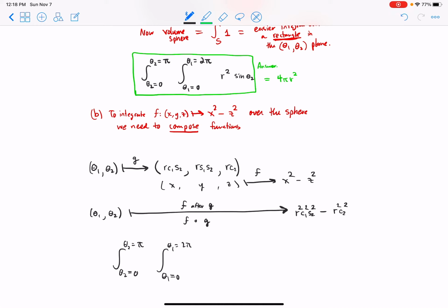And now we have our change in volume factor, sure, r squared sine theta 2. This is the change in volume. And then we multiply by our function values. Before, the function values were just 1 everywhere. That's why we got the volume of the sphere. But now our function values are something like this.